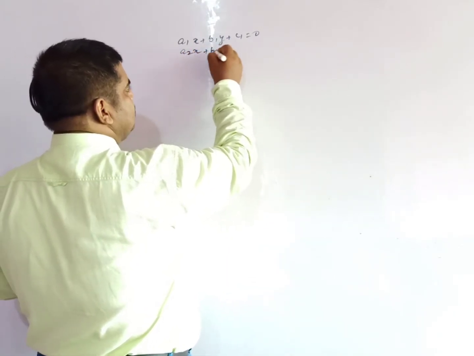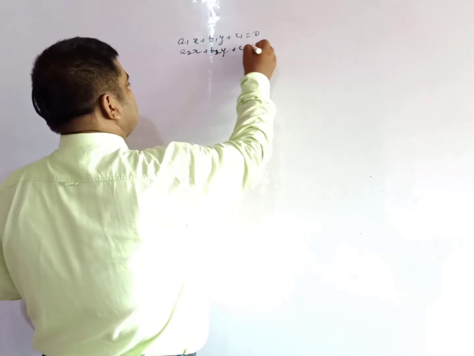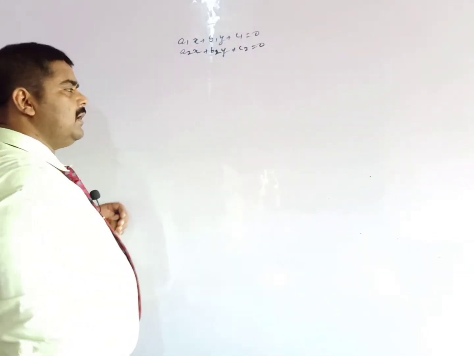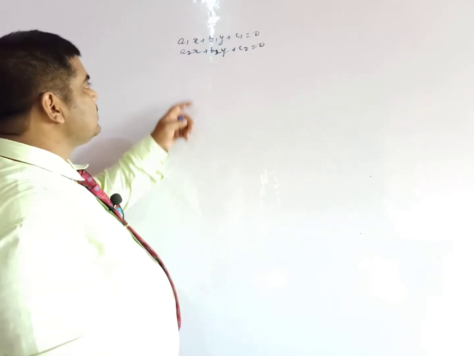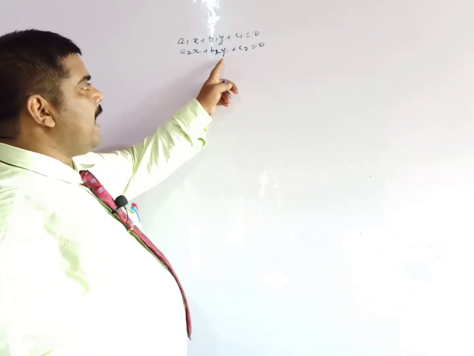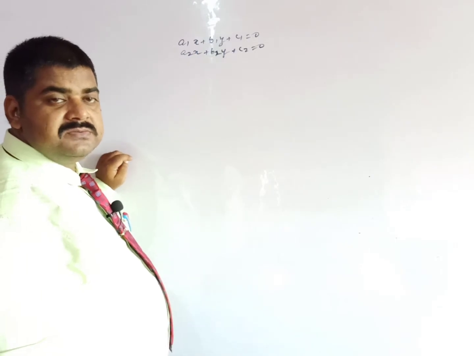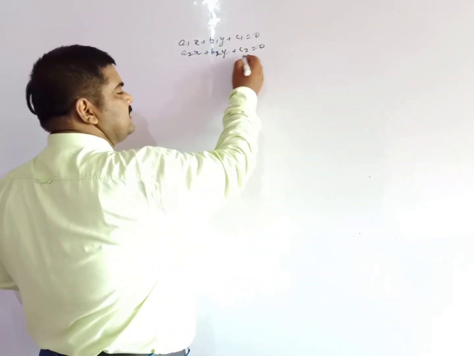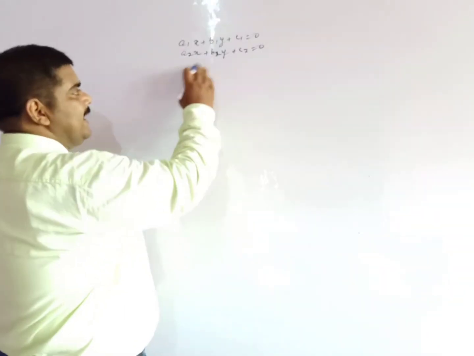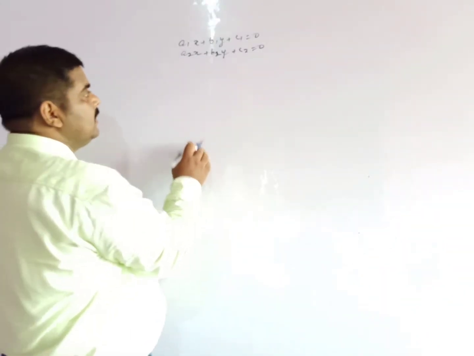you can just notice that this is another system of linear equations in two variables, a2x plus b2y plus c2 is equal to 0. And here a2, b2 and c2 are real numbers, and x and y are variables.